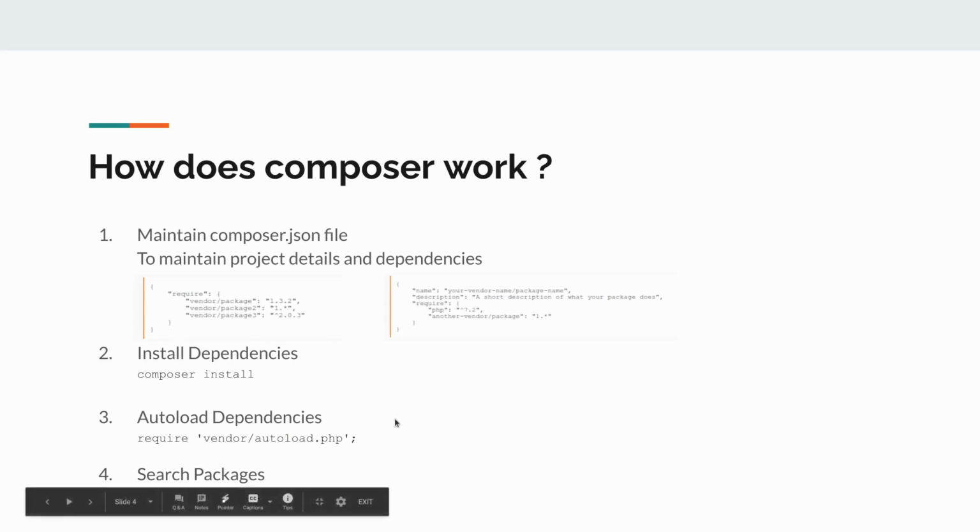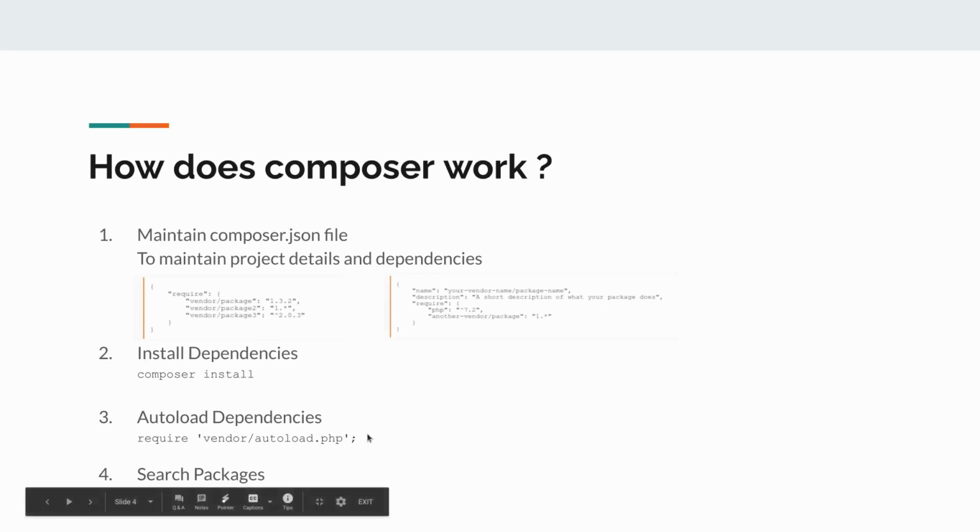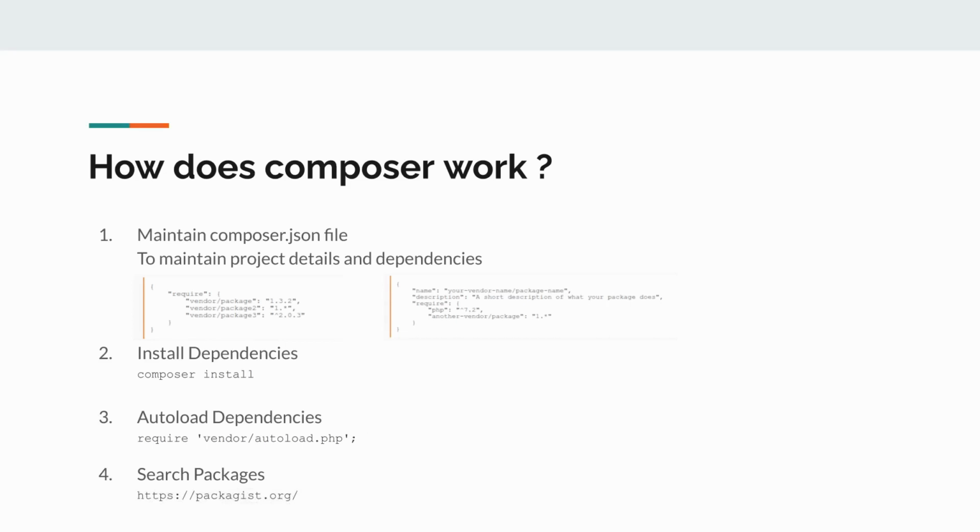And when you are writing code, Composer also autoloads all the dependencies, so you are not required to manually include all the files that you require. Once you do the setup, Composer generates the autoload file, and once you require the autoload file in your project, all the packages that you listed in the composer.json file would automatically be available for you to use.